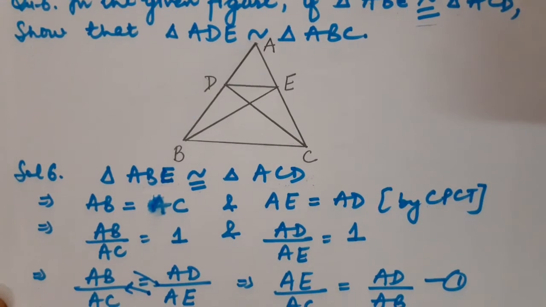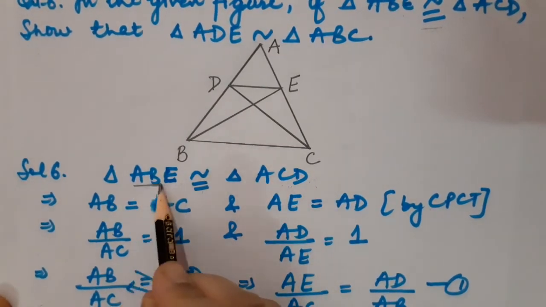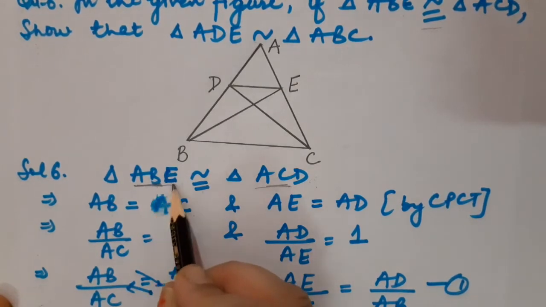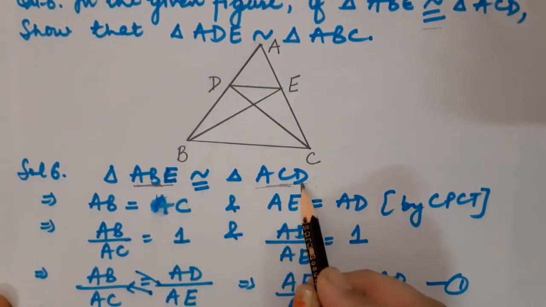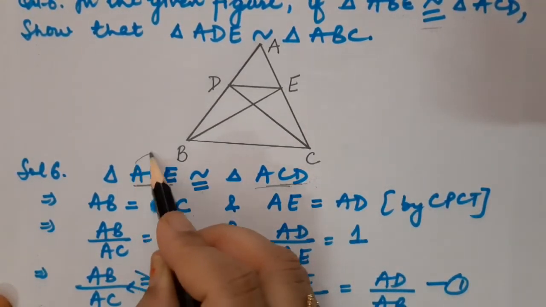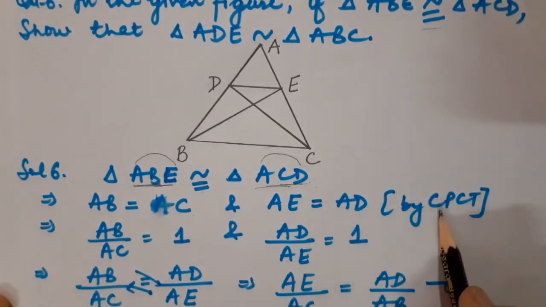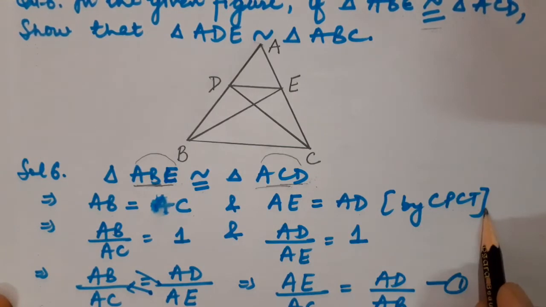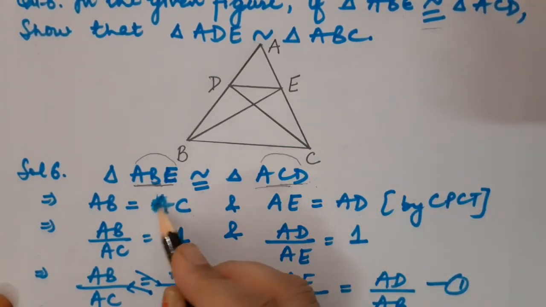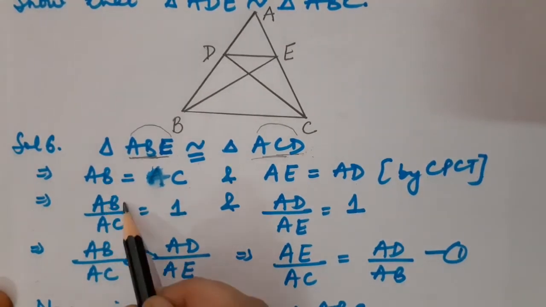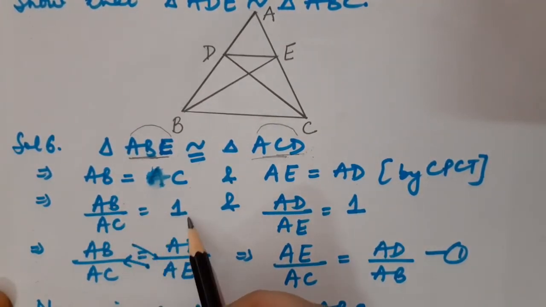Fine. So AB must be equal to AC. This here I have written. BE must be equal to CD. And AE must be equal to AD by corresponding parts of congruent triangles. Fine children. Now just tell me, can I write AB upon AC is equal to 1?